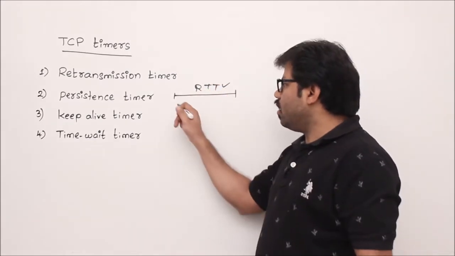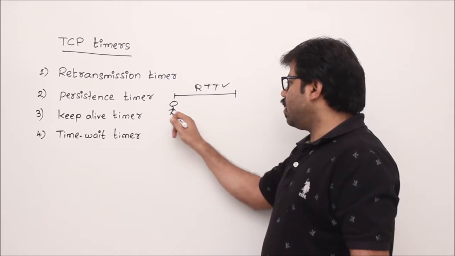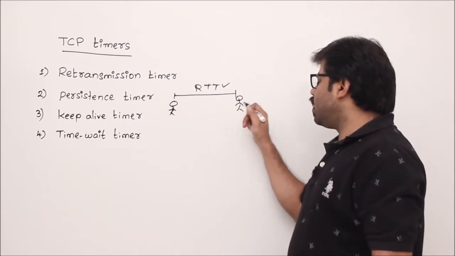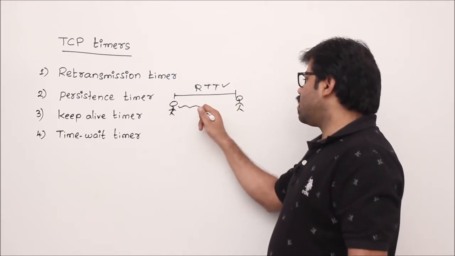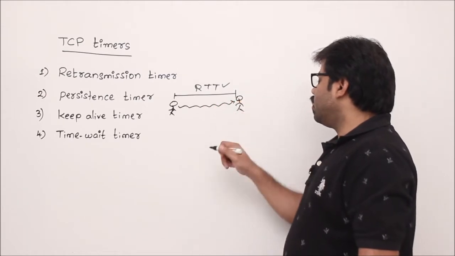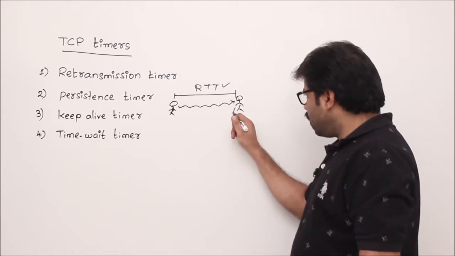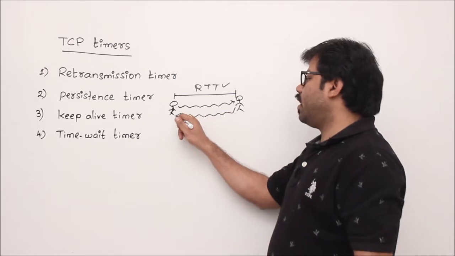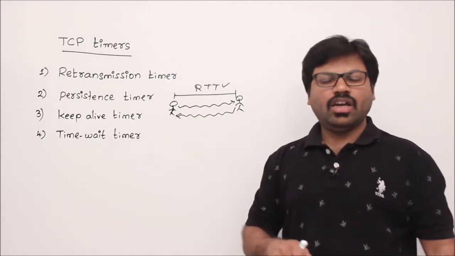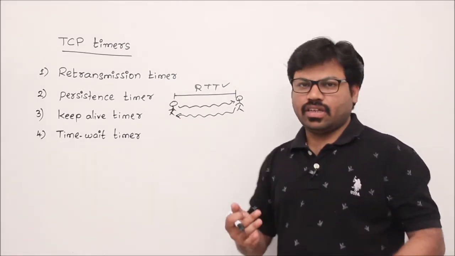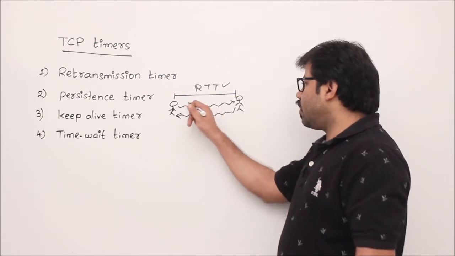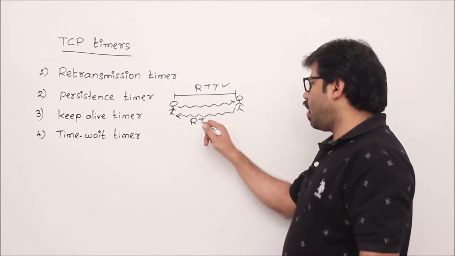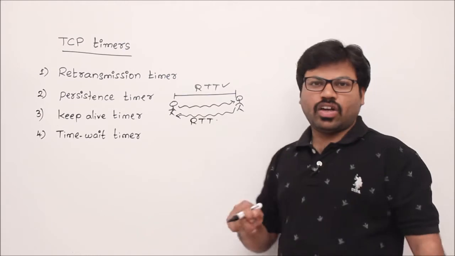Why? Actually, this is your sender, this is the receiver. In a hypothetical situation, when the sender sends a packet, eventually the receiver will receive it, then your acknowledgement will come back, in a hypothetical and best situation. Forget about all the network delays, everything. Then we can say that within the round trip time, RTT, you should get the acknowledgement.